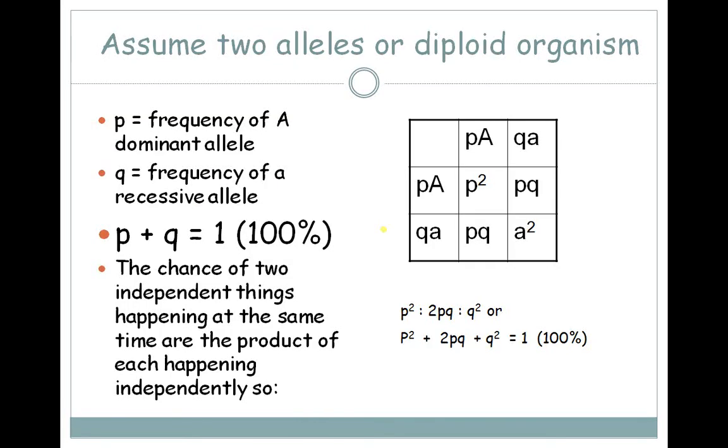So, if you only have two alleles in a population, then the frequency of each allele, and that's usually expressed as a percent, if I add the number of the dominant allele and the number of the recessive allele in that population, as a percent of the population, together, they're going to equal 1 or 100%.